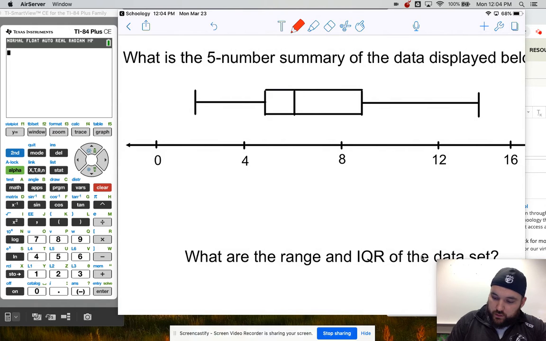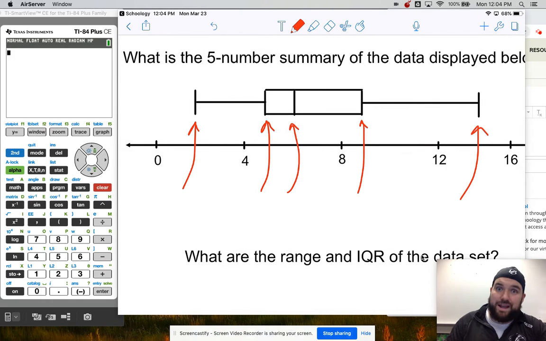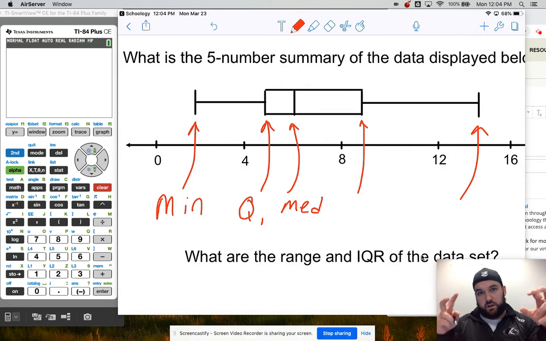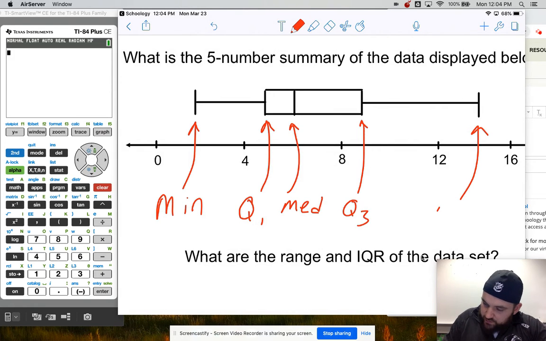The way this works is we have 5 markings on a box plot, and each of those vertical lines shows one of the 5-number summary, in the exact same order. So that right there is the minimum. This would be Q1. The median is drawn as a line in the middle of the box. Q3 is there, and then the maximum is up there.